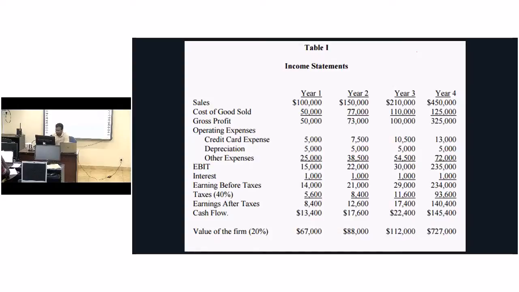One more thing is the value of the firm. What has happened to the value of the firm? Look at the way it has been increasing from 67 to 727,000. A tremendous increase. In the first three years it's fine, smooth growth.